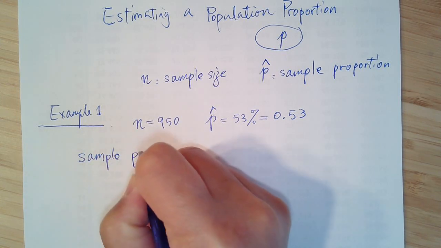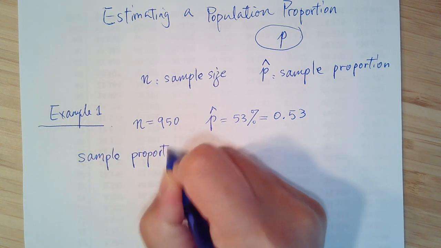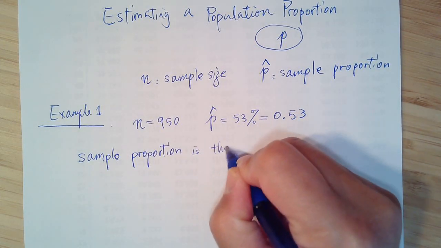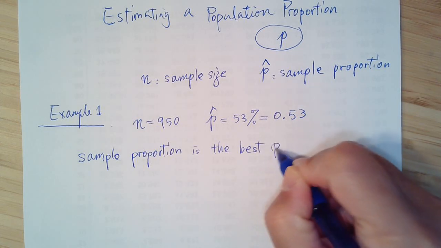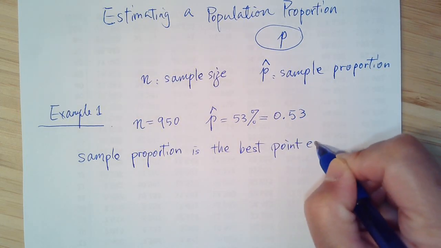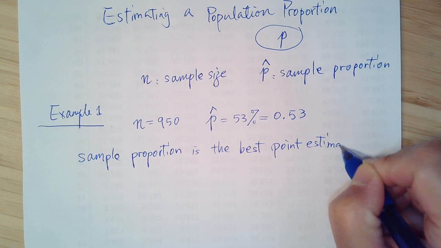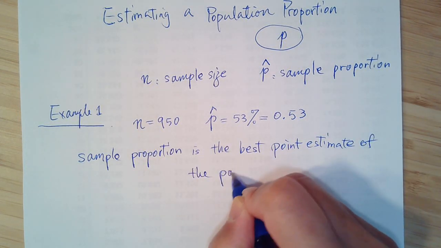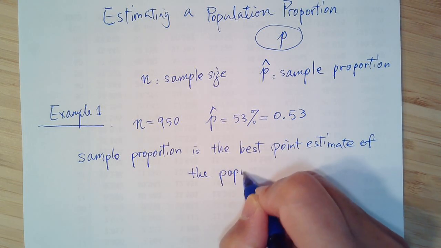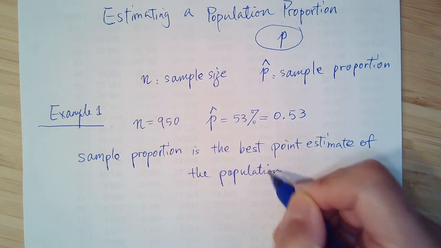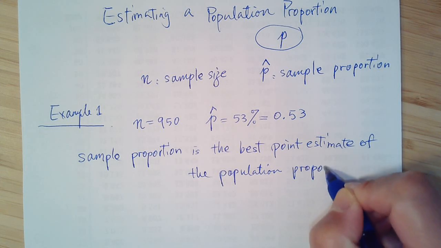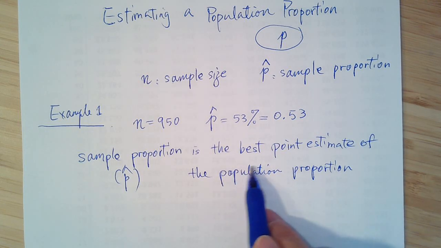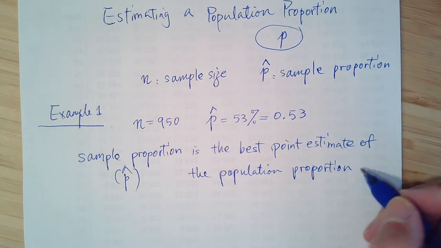Sample proportion is the best point estimate of the population proportion. That means the P hat is the best point estimate of P.